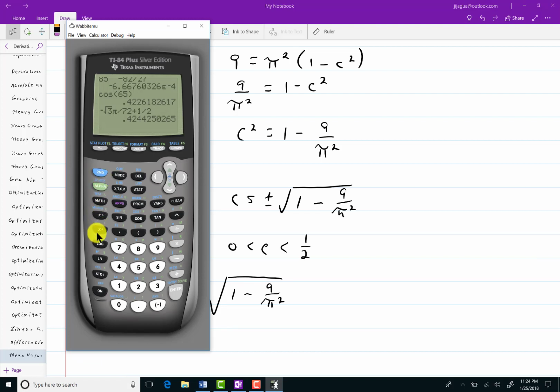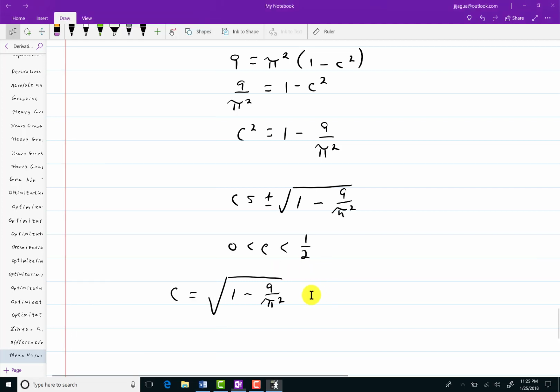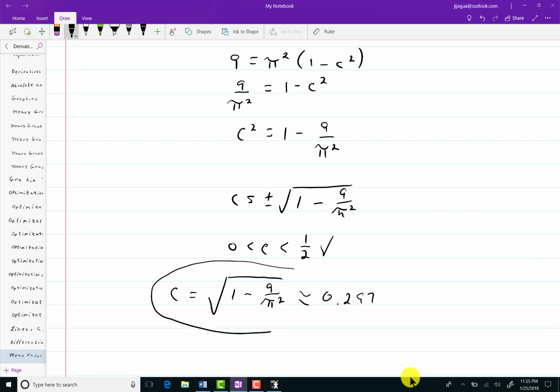Second, square root, 1 minus 9 divided by pi squared. Enter. 0.297. This is approximately 0.297. So this part right here checks. So there's the value of c that is guaranteed by the mean value theorem.